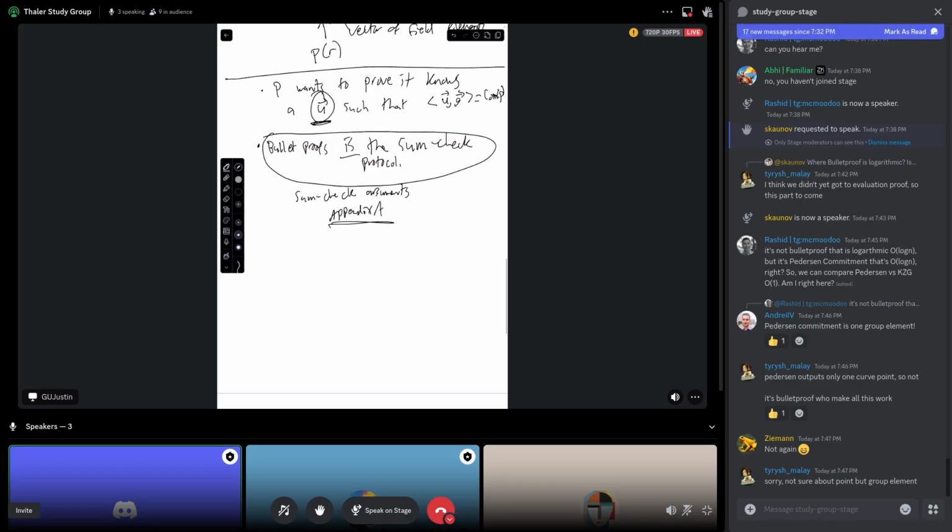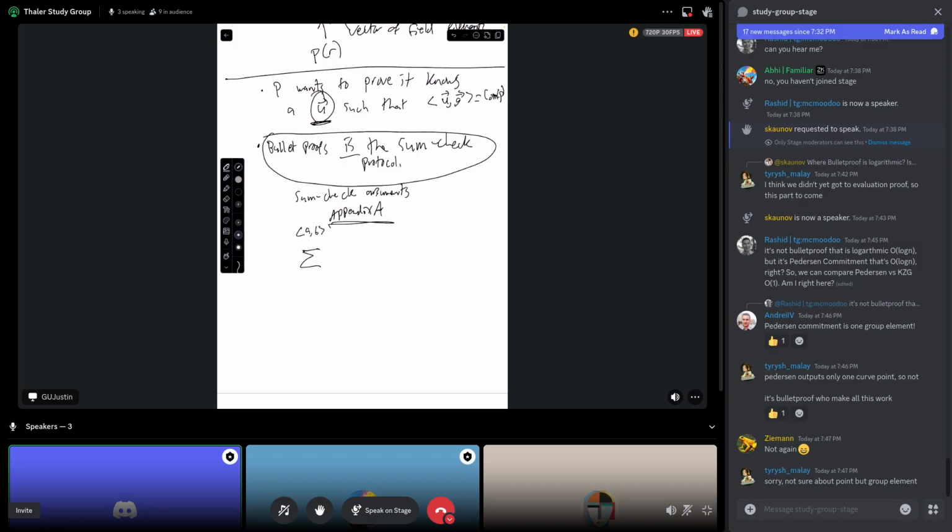But at a high level, the canonical problem that the sum check protocol can solve, the simplest problem for which it's interesting, is to compute the inner product of two vectors. If you have two vectors A and B, by the way, if you're new to the group and aren't familiar with the sum check protocol, don't worry about it. Ignore what I'm saying for a second.